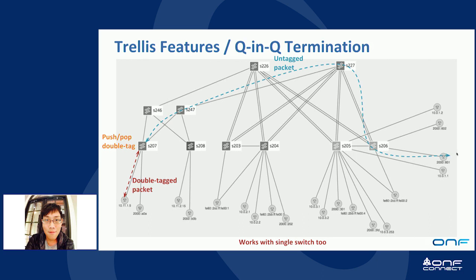The downstream traffic coming in from the upstream router, we'll also use the destination IP address to match to figure out where it should go to. And then we'll route it back to switch 207. But here, before the packet actually egresses from switch 207, we push those S tag and C tag back onto the packet before sending it out to the access device.